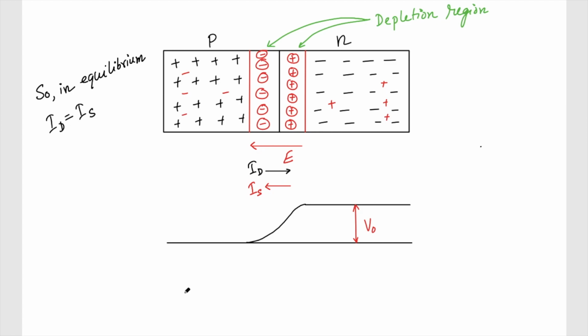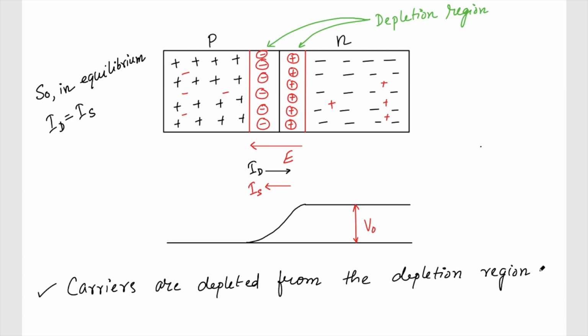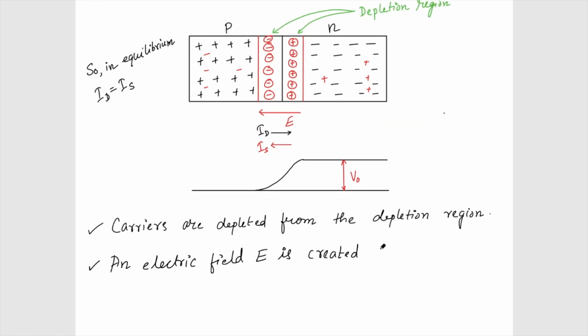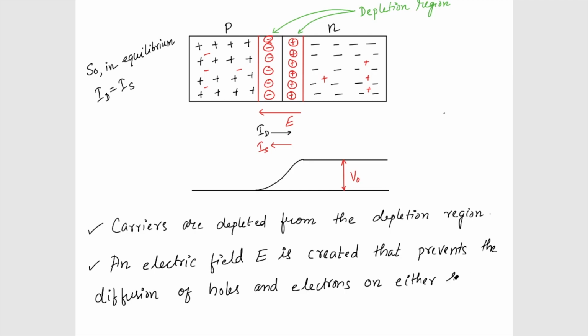So let's note down the important points that we have discussed just now. Carriers are depleted from the depletion region, both on the P side and the N side as well. So an electric field E is created, and that prevents the further diffusion of the holes and the electrons on either side.